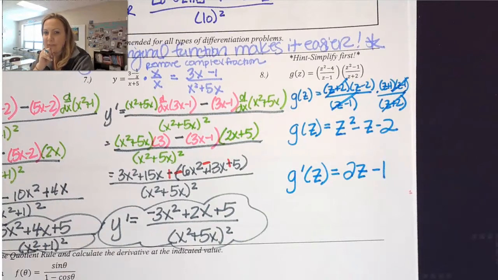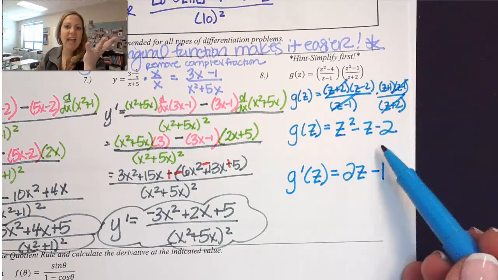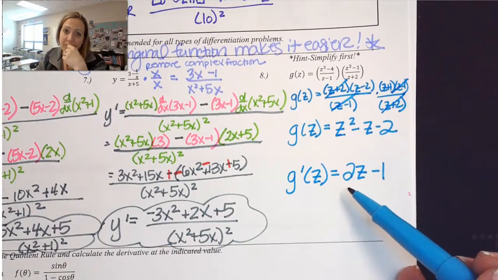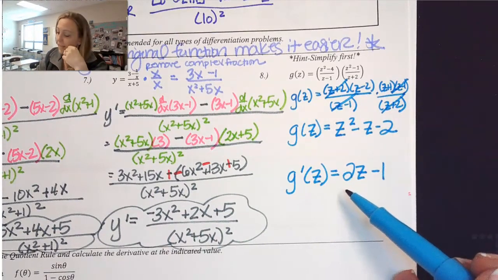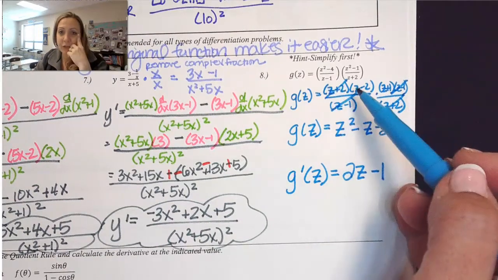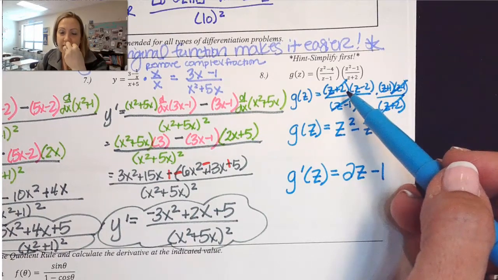Now, the issue with happy clouding that as my final answer is that there are some stipulations going on. This appears to mean that everything works, like any value of z could work. However, we have to look back at that original function. In our original function, 1 and negative 2 would have caused the function to be undefined.